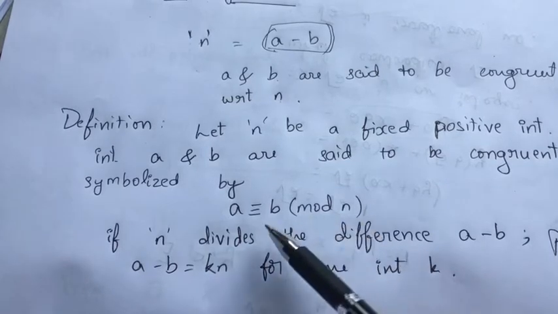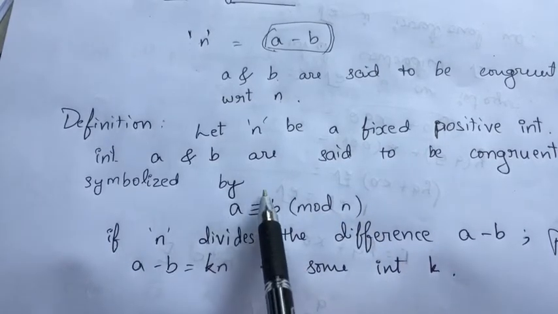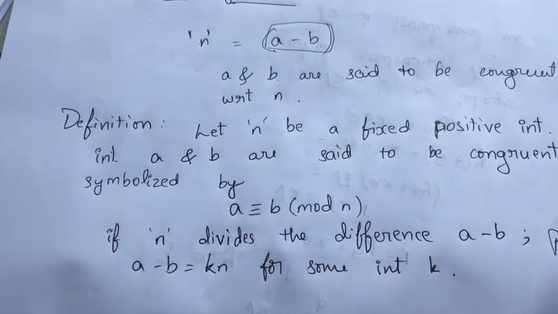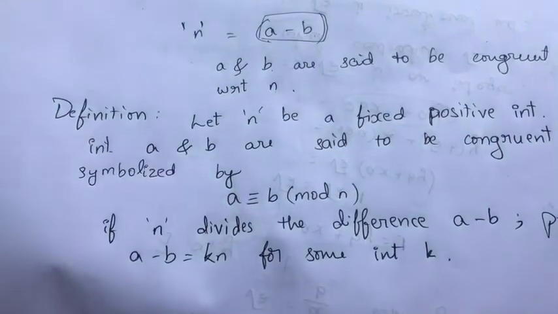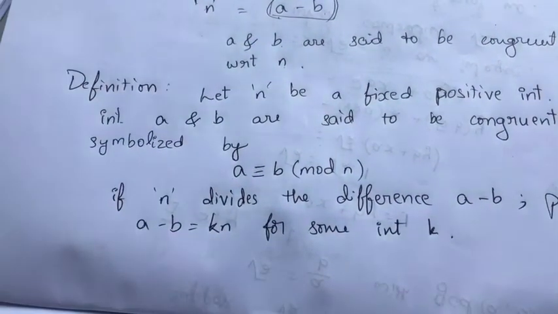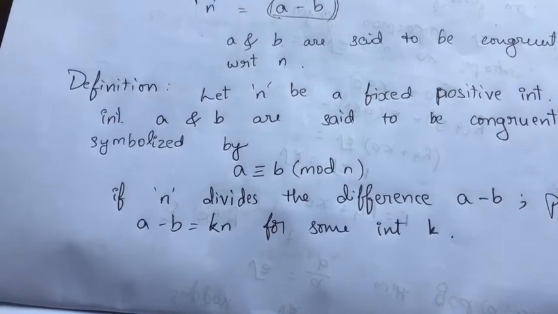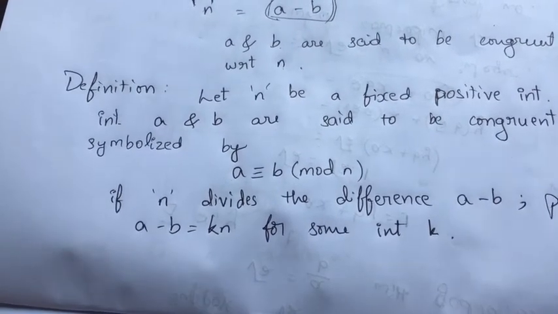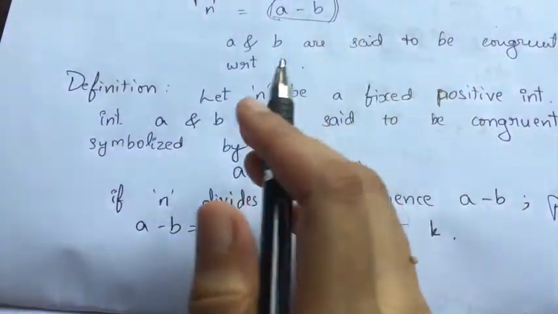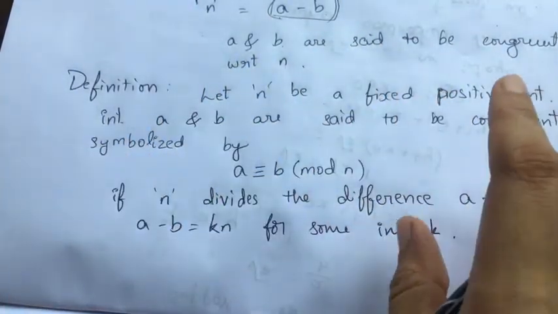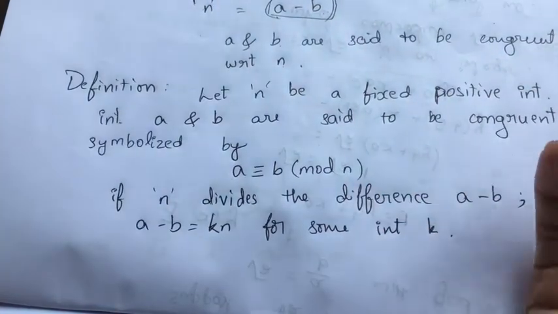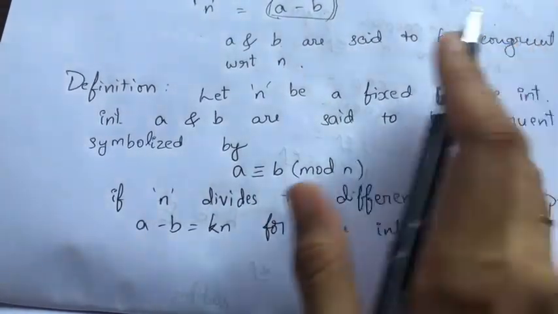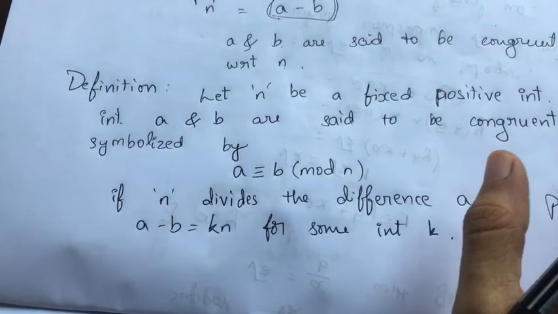a and b can be any integers. We say a ≡ b mod n if n divides a minus b, in the sense a minus b equals kn for some integer k. Note that any two integers are congruent modulo 1, whereas two integers are congruent modulo 2 when they are both even or both odd. So the usual practice is to assume that n is greater than 1. Got the point? Any two integers are congruent modulo 1, but they are congruent modulo 2 only if both are even or both are odd.